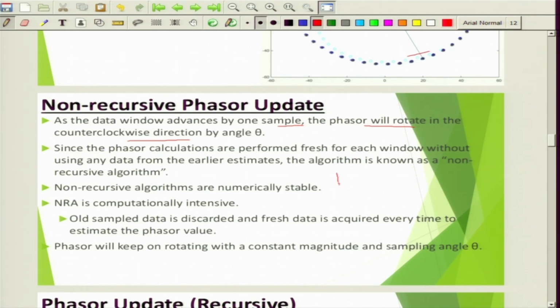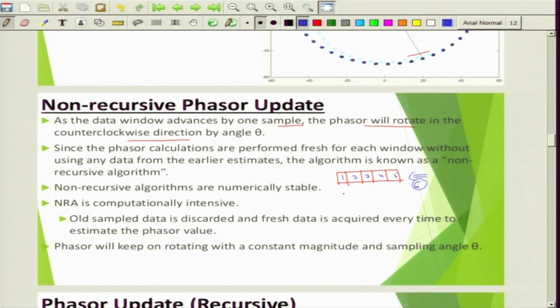Let us take a simple example of, let us say, 5 data: 1, 2, 3, 4, 5. There are 5 sample data present. Now let us say a new data arrives, with magnitude 6. Then in the non-recursive phasor update, the first data is replaced and eliminated because this window consists of a specific size.